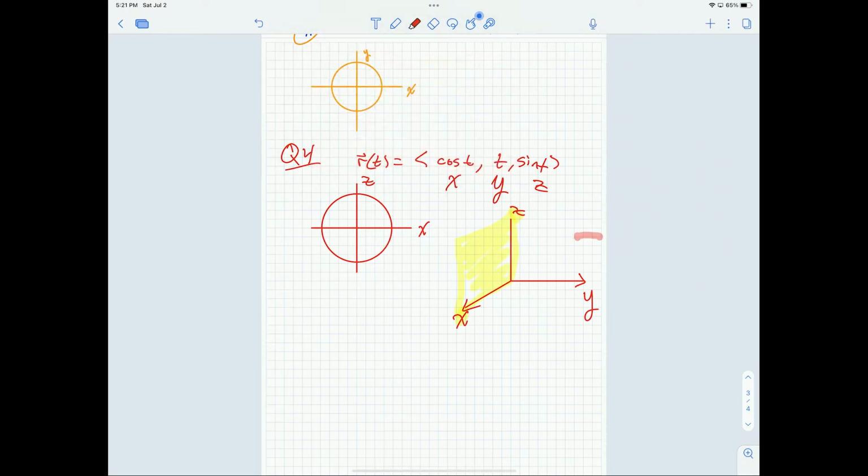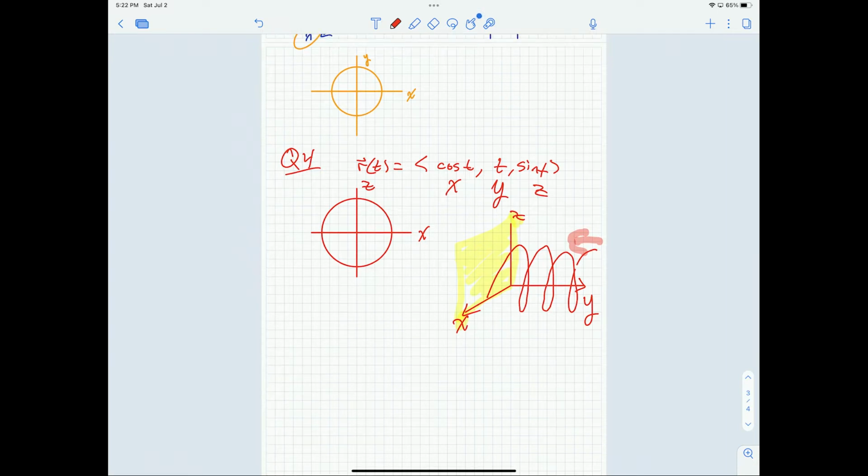If you were looking at it this way, it would be making circles like this in the plane, but while it's happening, it's moving this way. So it still makes these spirals, but this time they are along the y-axis. So you're looking for a graph that does that.